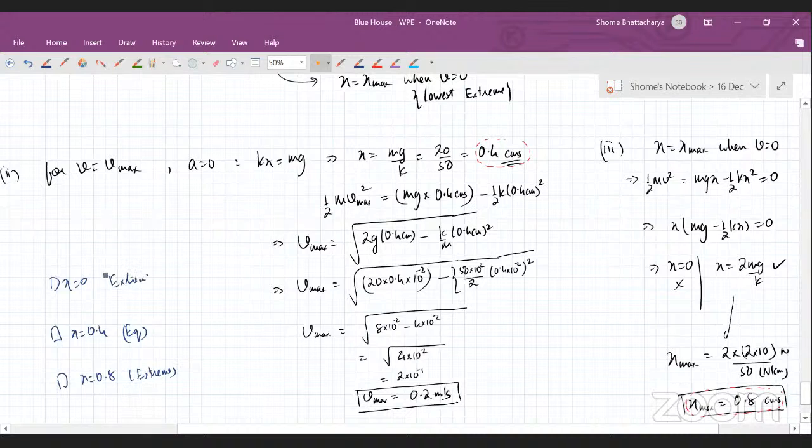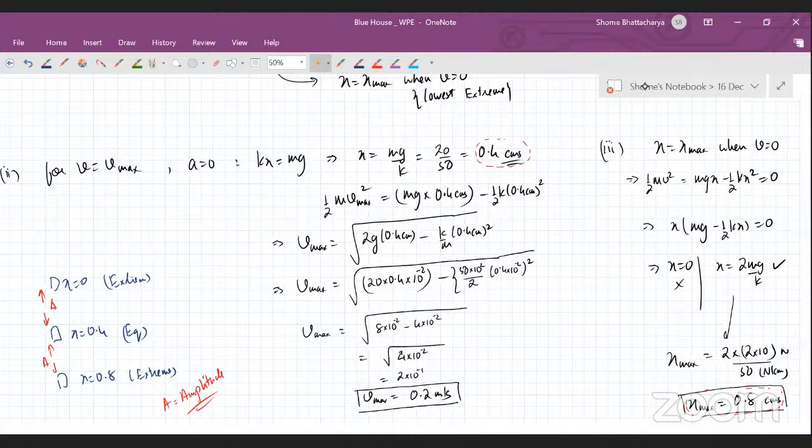So always when this kind of an oscillation happens, this is equal to this. A is called the amplitude of oscillation. So it's not surprising that this is double of 0.4 because from the top extreme to the bottom extreme, the displacement has to be double of the amplitude. So that is double of the displacement to the mean position.